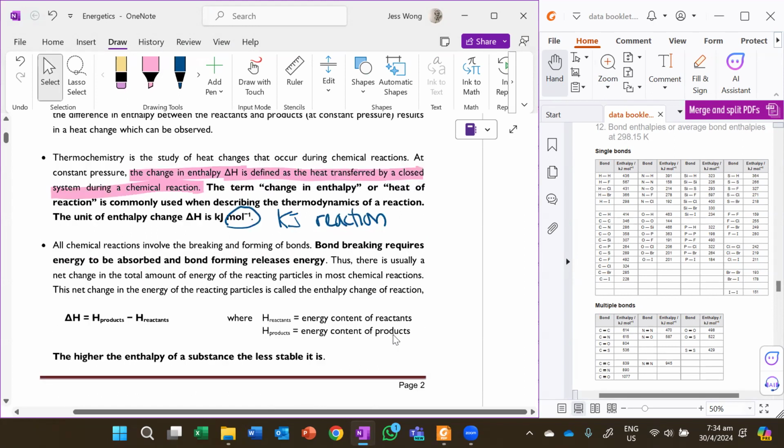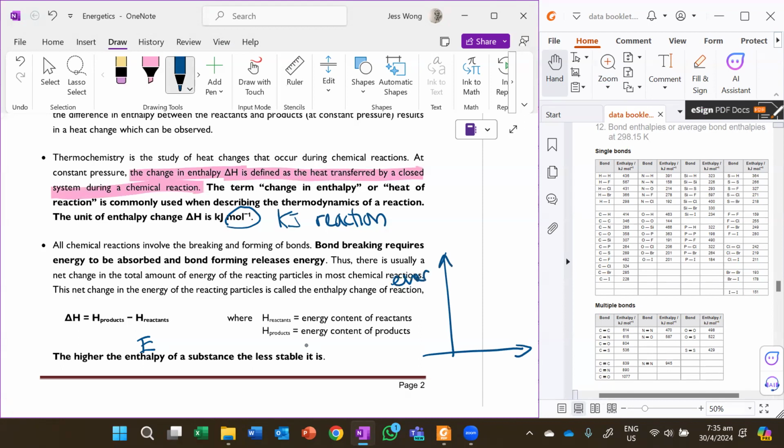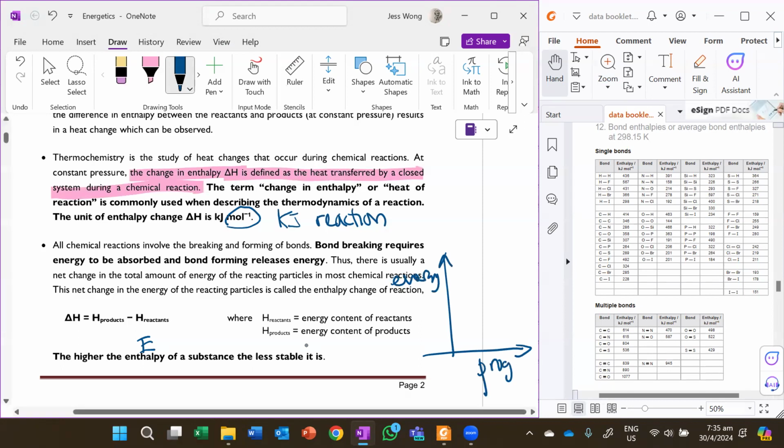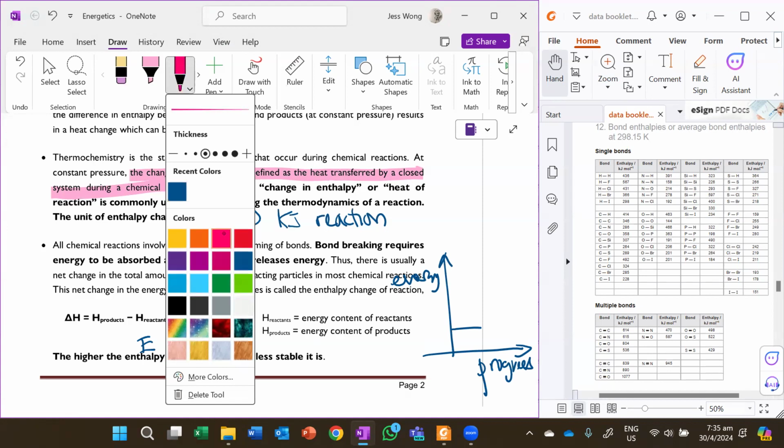So we are measuring the energy changes that happen in the reactants and the products, and the difference between them will be the delta H. The greater the absolute enthalpy of the substance, the less stable it is. As mentioned before, if you look at an energy profile diagram with energy and progress of reaction, you have one reactant starting here versus another reactant that starts over here.